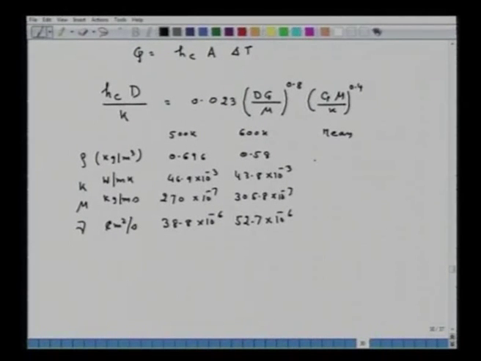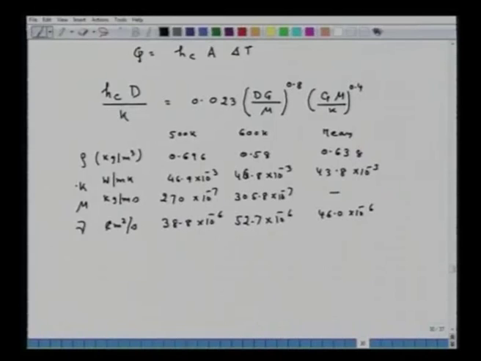So, the mean value we can take, say, density becomes 0.638, and here it is 43.8 into 10 to the power minus 3. Now, here this value is 46.8. So, mu we do not need because I took the kinematic viscosity. So, it is 46.0 into 10 to the power minus 6.